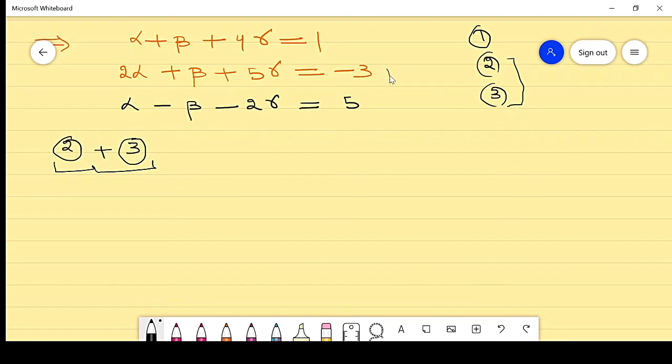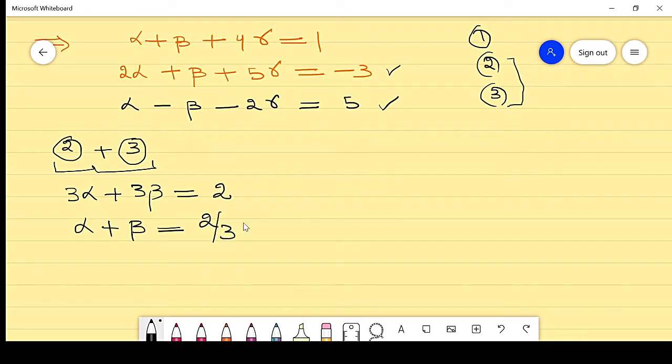This is equation number 2, this is equation number 3. If I add these terms, beta cancels out, so we get 3 alpha plus 3 beta equal to 2. Or we can say that alpha plus beta is equal to 2 by 3.